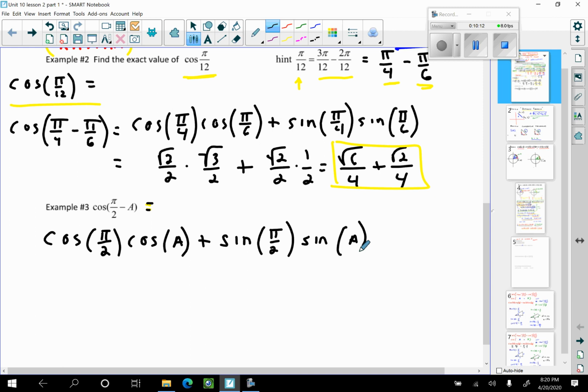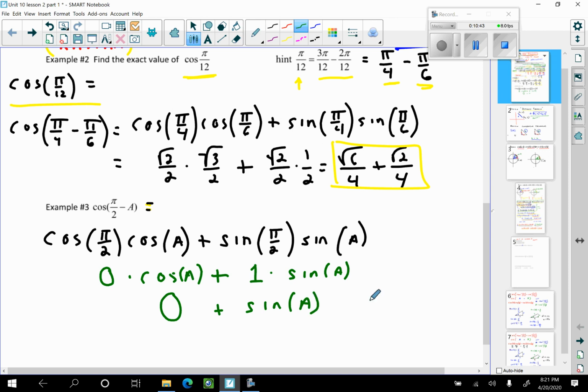Okay, hey, what's the cosine of pi over 2? The cosine of pi over 2, ladies and gentlemen, is 0. And 0 times cosine of A, we know what that is. That's going to be a big giant 0. What's the sine of pi over 2? Oh, that's 1. 1 times the sine of A. And what's 0 plus the sine of A? Oh, that's nice.